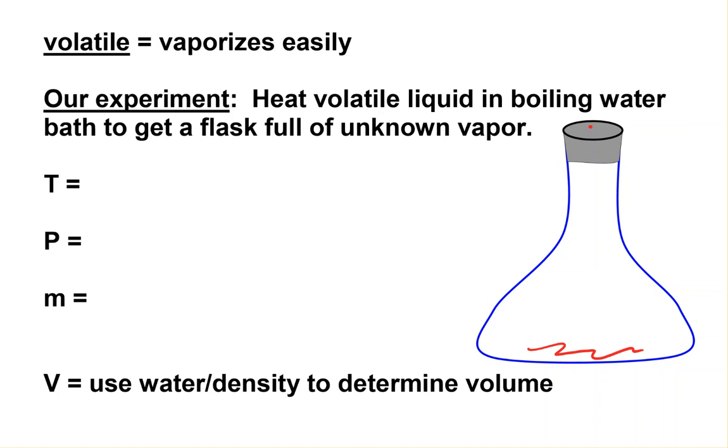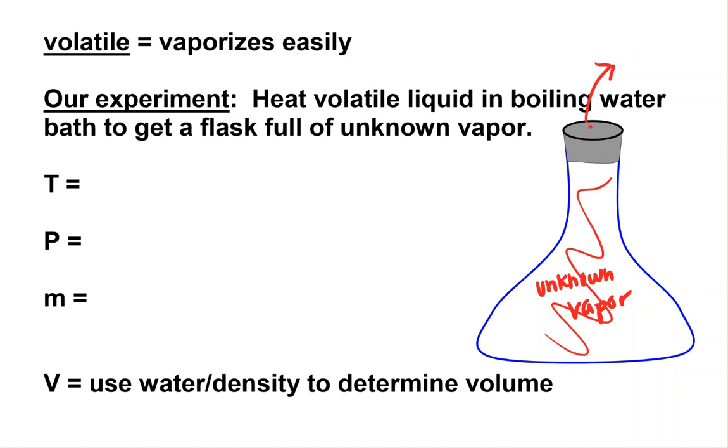And when we dunk it into boiling water, the unknown will vaporize and fill the flask. There'll be extra. So what'll happen is through this little hole, first, of course, there will be air coming out, but then also some of the unknown will leave as well.